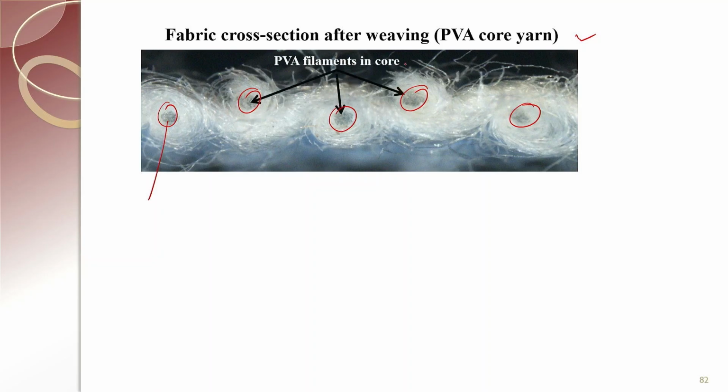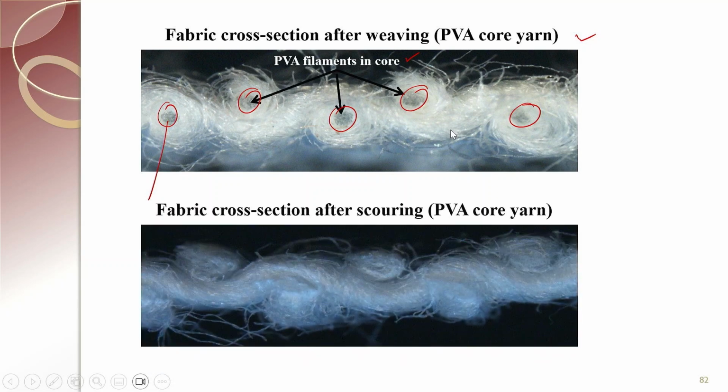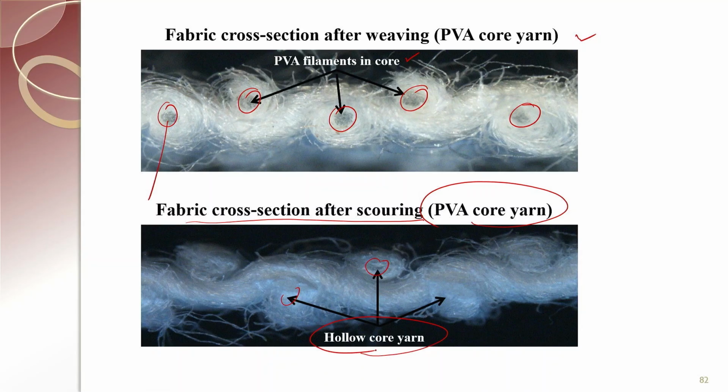The PVA filaments in the core are very well visible here, and this is the fabric cross section after scouring. When the PVA got dissolved, a hollow portion remains. You can see this is a hollow portion here where PVA has been removed. So, hollow core yarn is there.